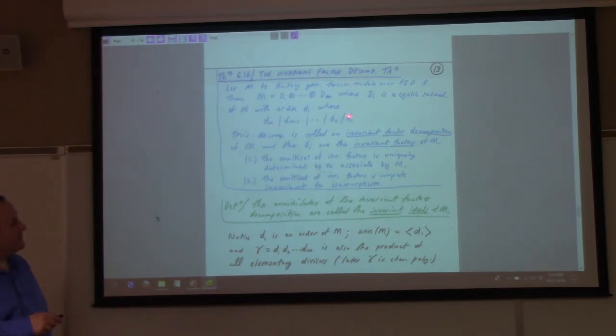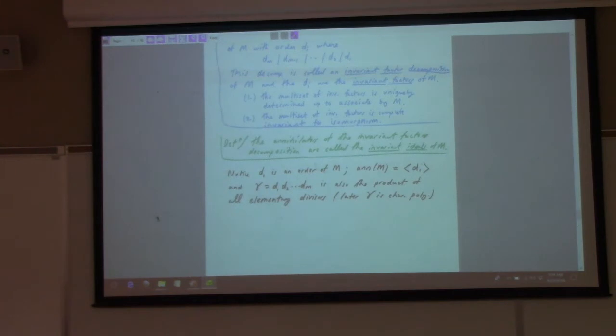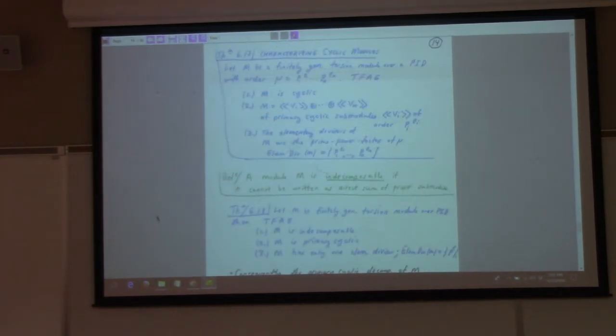And so if all of these divide D1, that says that this D1 will kill everything in every summand. And hence it's an order for all of M. In other words, D1 is the annihilator of M itself. That's what we should expect. It would be the minimal polynomial in the context I'm most interested.